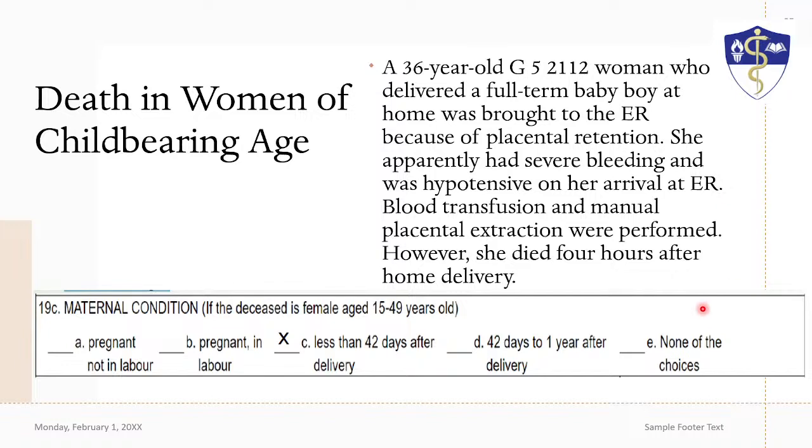It's stated there. That's why it's easy. So probably the healthcare provider was unable to identify it, or this was the working diagnosis. So blood transfusion and manual placental extraction were performed and it's bloody.